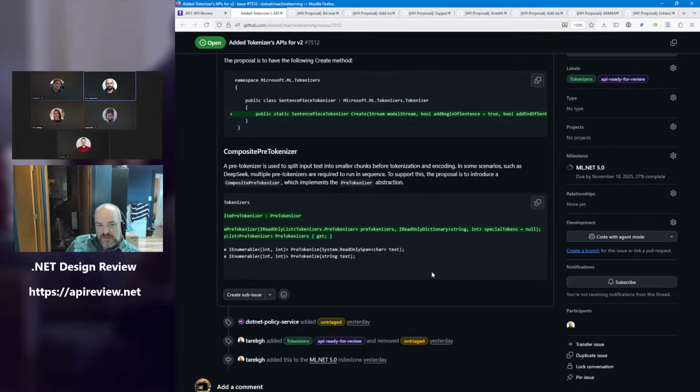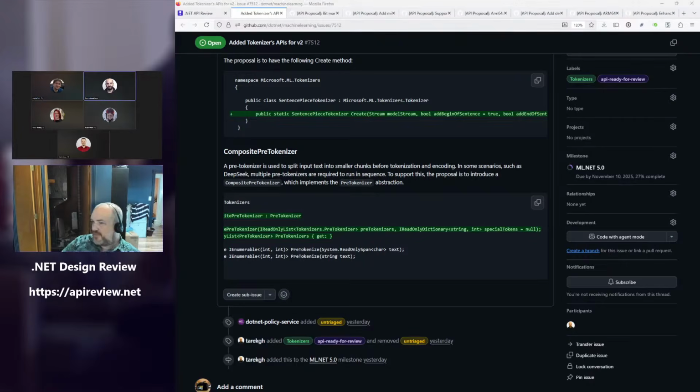The other thing is special tokens are usually passed while creating the tokenizer itself. So the tokenizer object gets these special tokens, and we pass them to the pre-tokenizers to handle them.